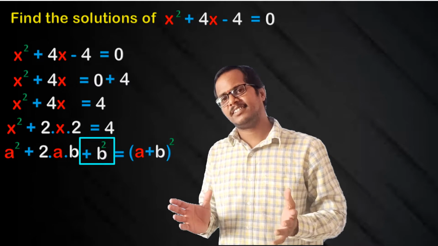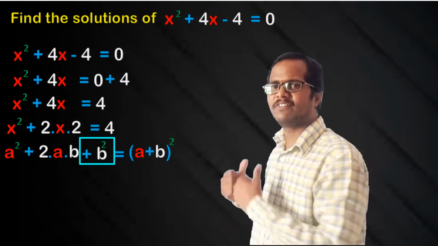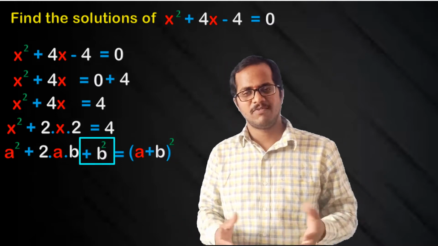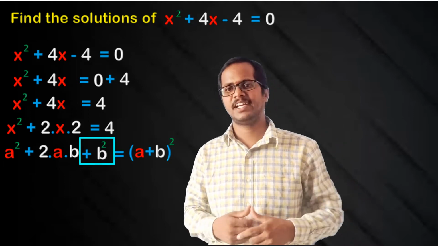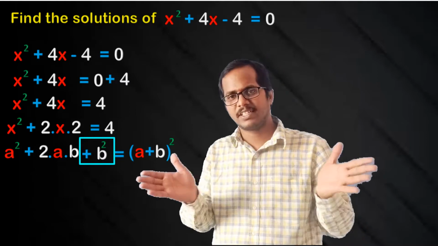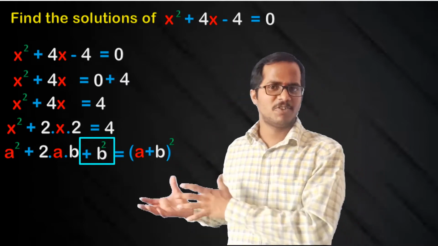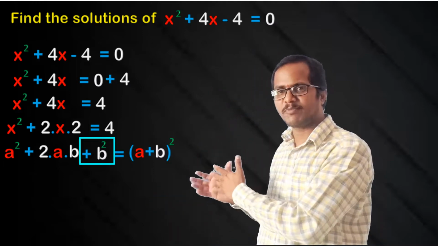Does adding the same term on both sides affect the equality of this equation? We know that for an equation, whatever change we do on the left hand side, if we do the same change on the right hand side, that will not affect the equality of the equation. That means the equality holds good. So let us add the b square term on both the sides.